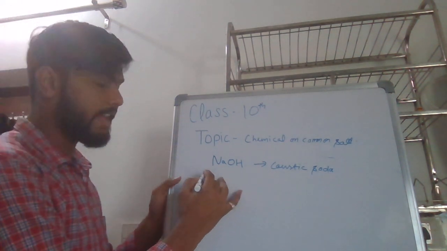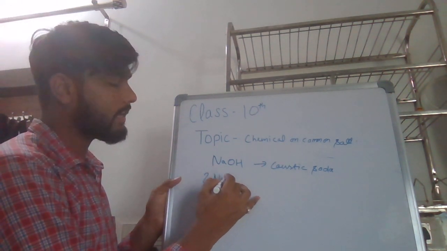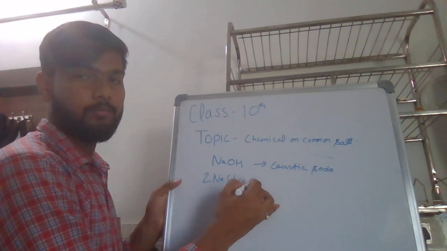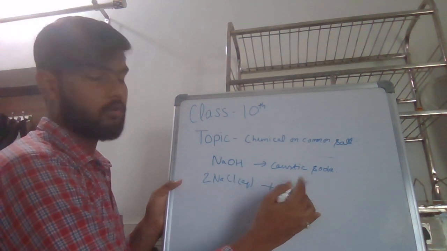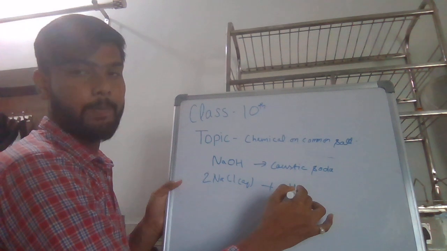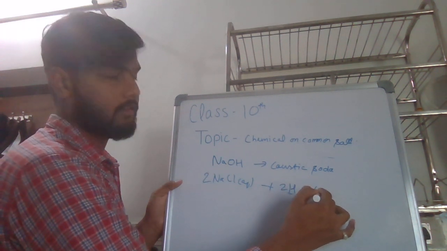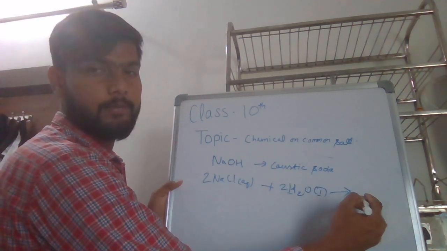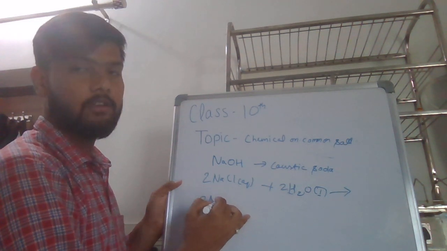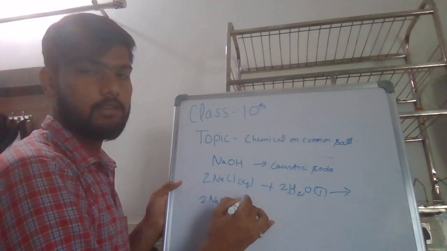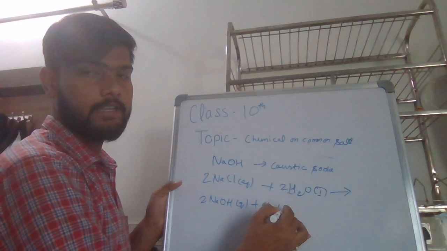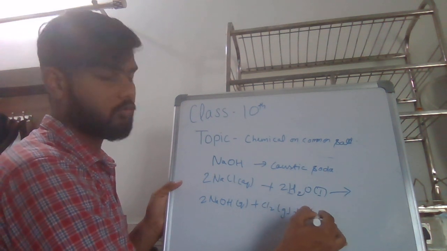Here is the equation: 2NaCl(aq) plus 2H2O(l) gives 2NaOH(aq) plus Cl2(g) plus H2(g).